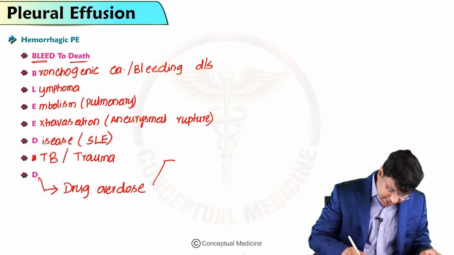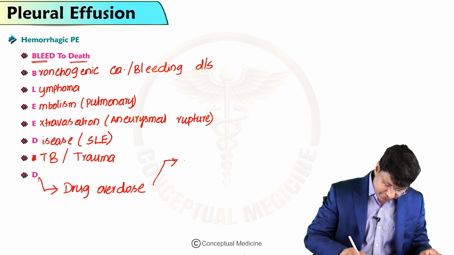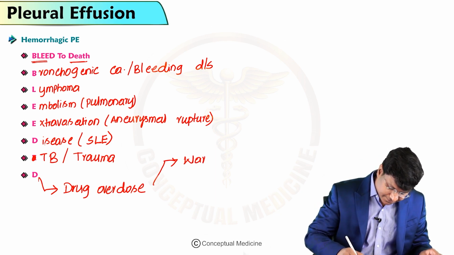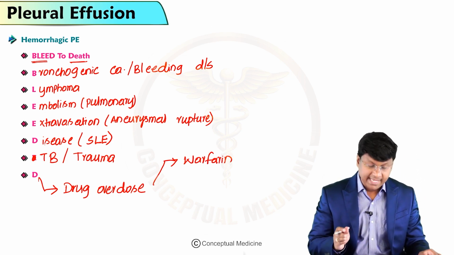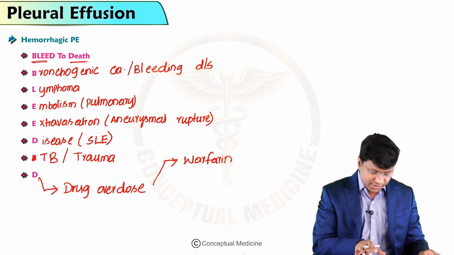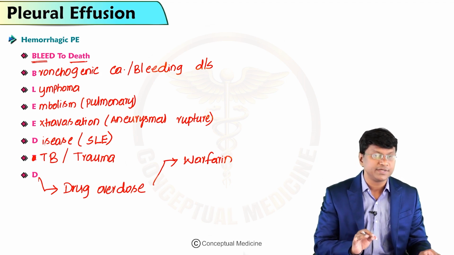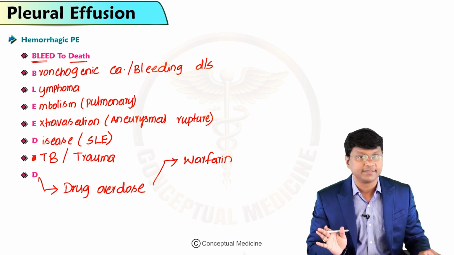In drug overdose, the condition where you will have hemorrhagic pleural effusion is warfarin overdose, or anticoagulant overdose. So these are all the conditions where you have hemorrhagic pleural effusion. So the mnemonic, please remember, bleed to death.